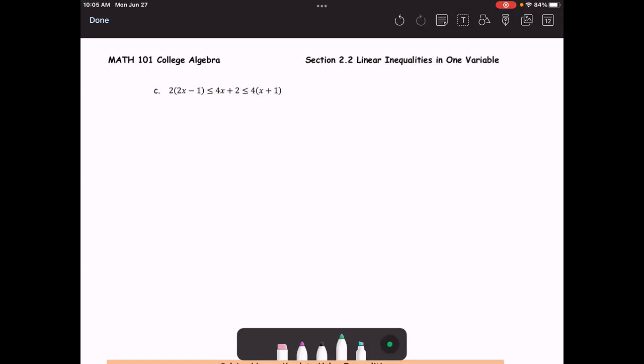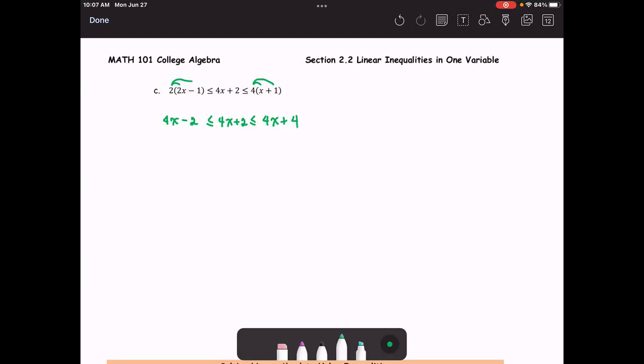So for this one, we are going to distribute the coefficients, or basically expand the expressions on the left and on the right of the compound inequality to make it simpler. Then we get 4x minus 2 for the left part. The middle part has no change. The right part becomes 4x plus 4.